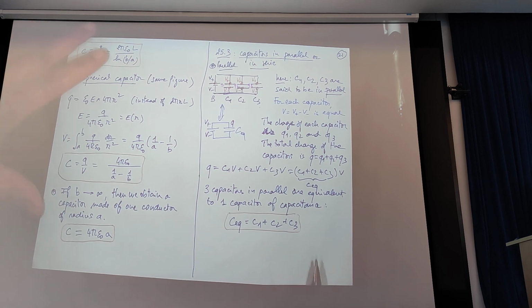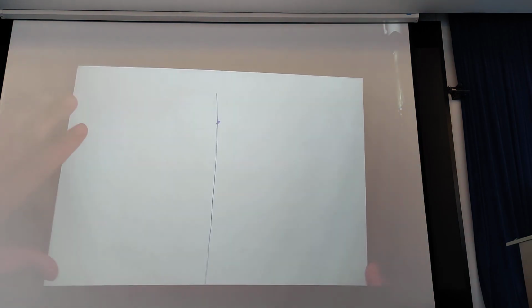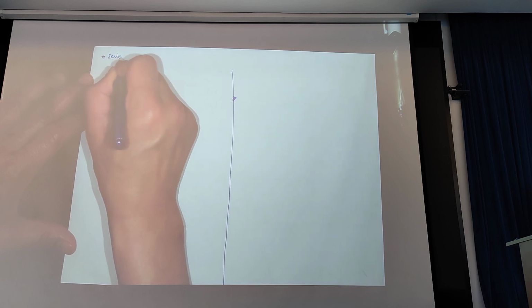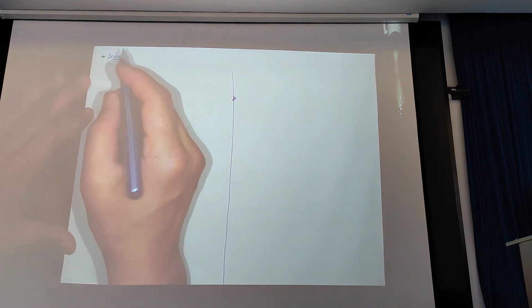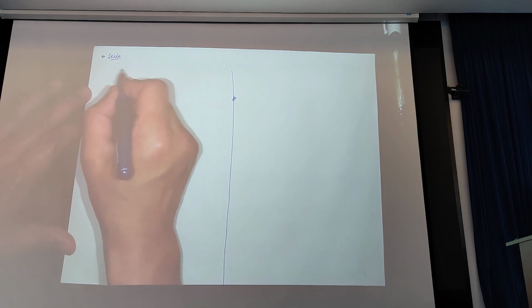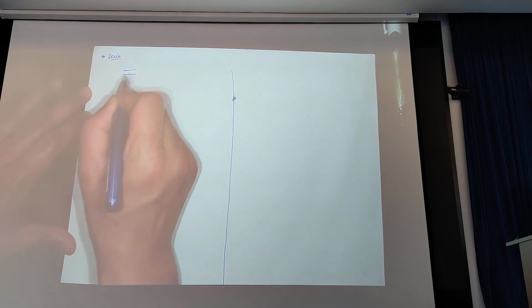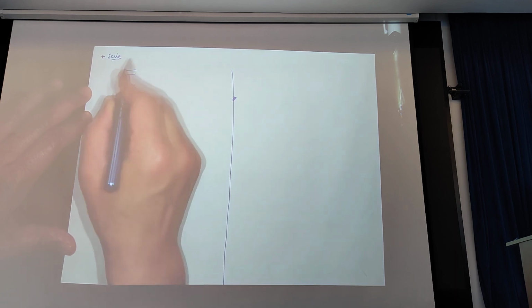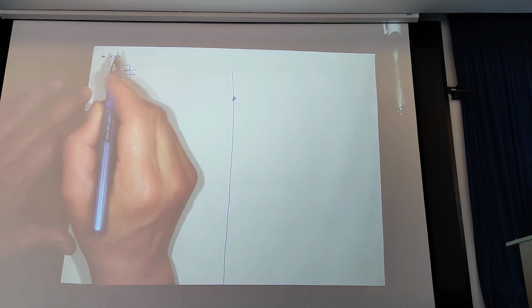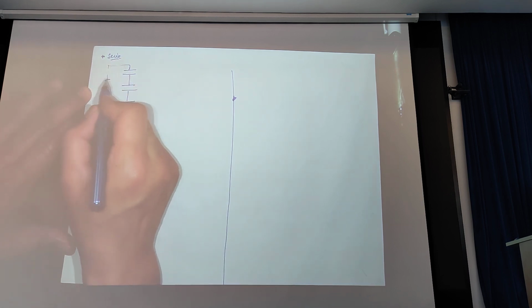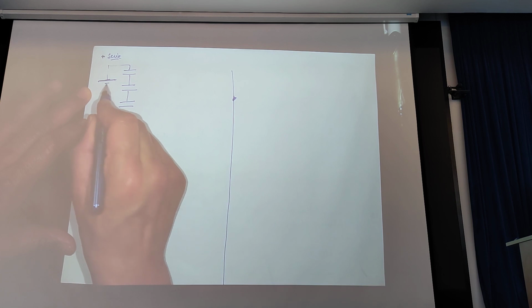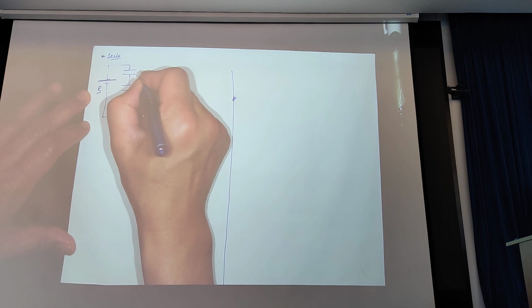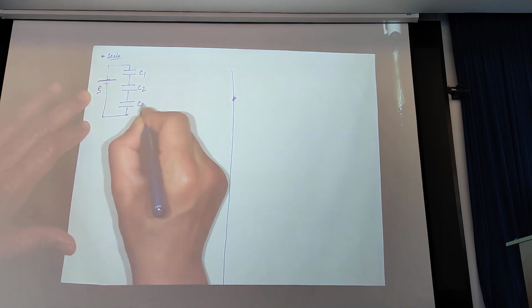Okay, so now in series. So now we have a battery, C1, C2, C3.